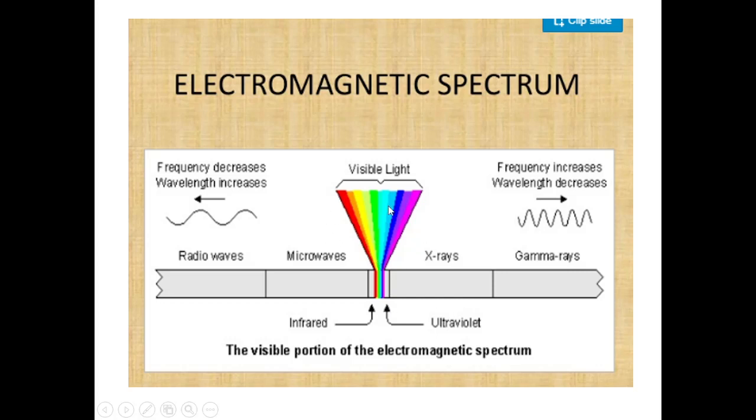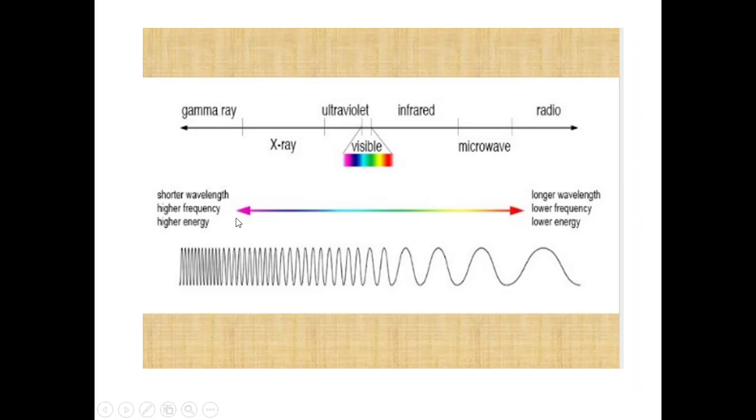And you could see here that this is the visible light radiation. Very clearly, with the pictorial representation, from the midpoint you can see longer wavelength. Longer wavelength means low frequency; radio frequencies are low frequencies with low energy.